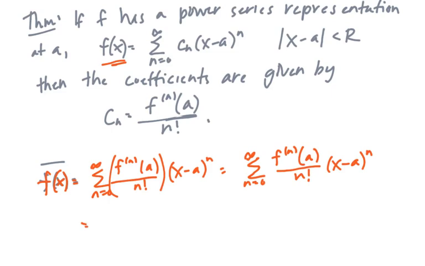If we let n equal 0, then our first term is the 0 derivative of f at a. Well, that really means the function of a. As we talked about before, there's no derivative taken yet. Over 0 factorial, which is 1. And then we have x minus a to the 0 power, which is 1.